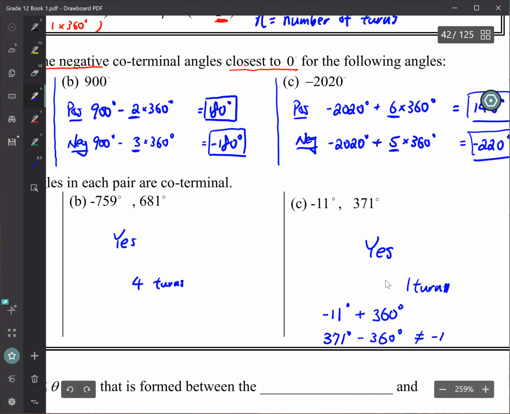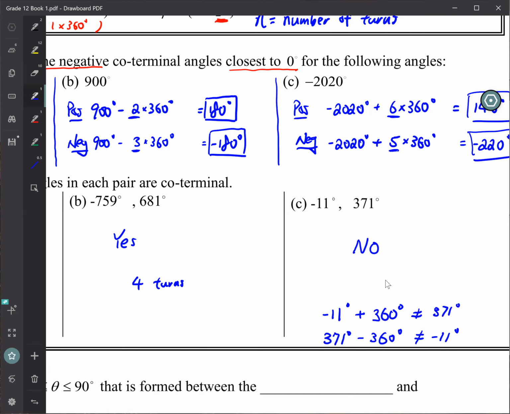It doesn't equal -11, and the first one doesn't give you 371. So no matter which direction you turn, it's always not matching. So this one should be what? Should be a no, right? Not coterminal.